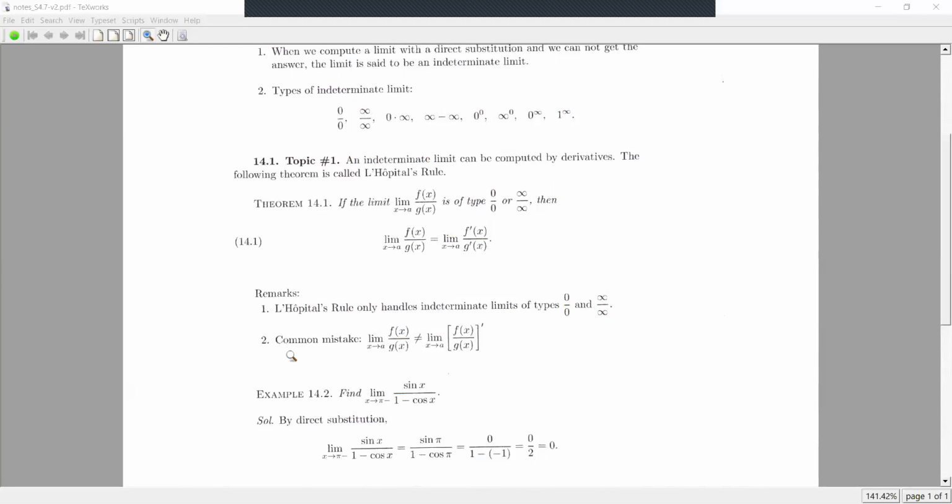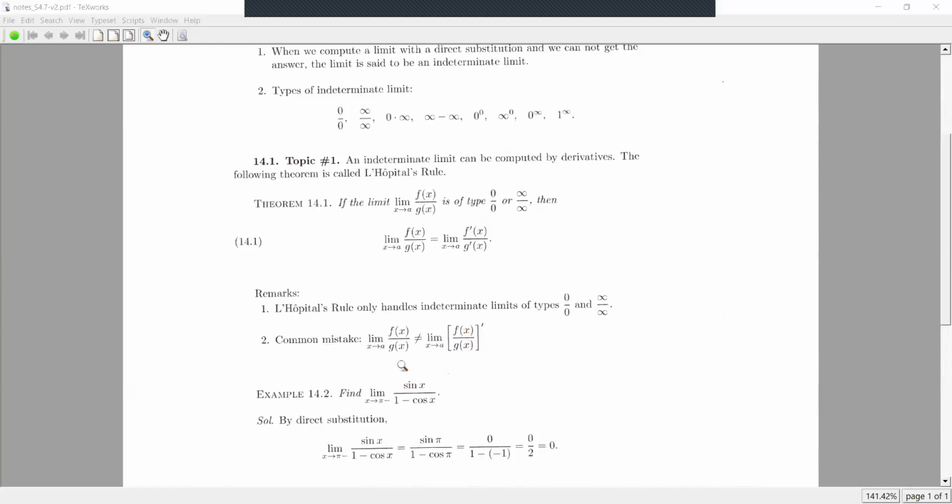The second thing you need to pay attention to is that in L'Hopital's rule, we take the derivative separately on the functions f and g. Don't take the derivative of the whole quotient. This is a common mistake. In the last several semesters, I often saw students compute this limit by taking the derivative of the whole quotient.